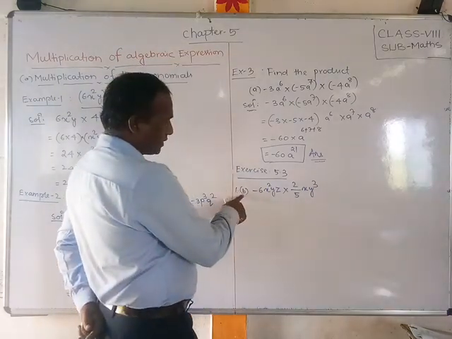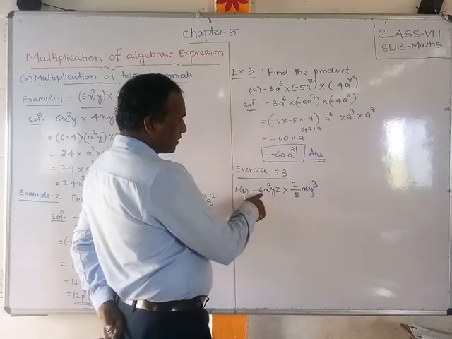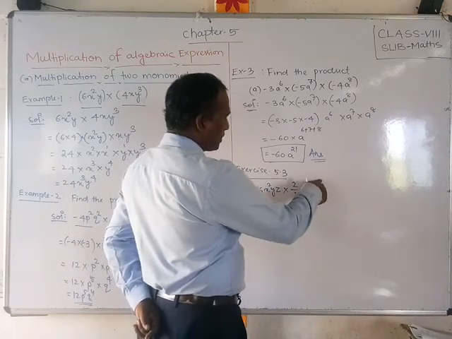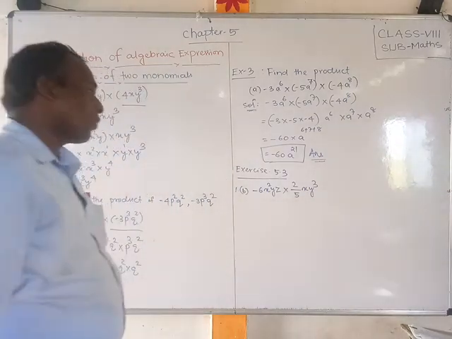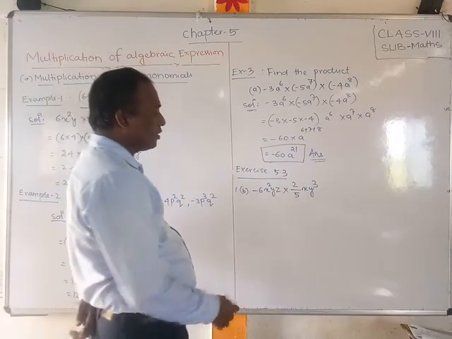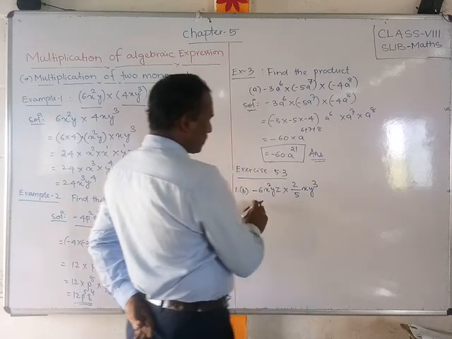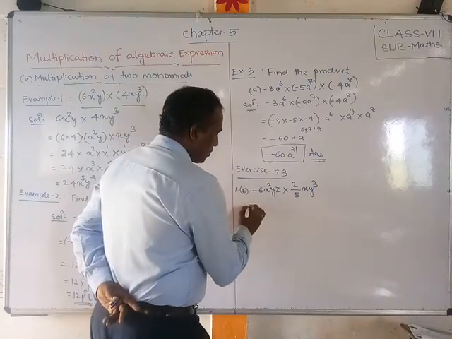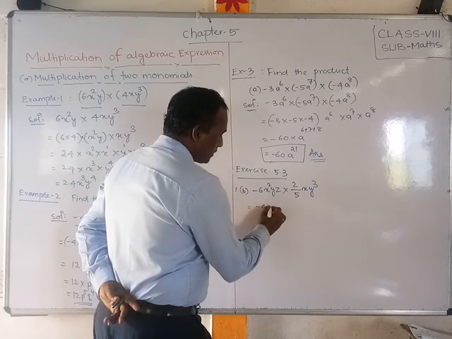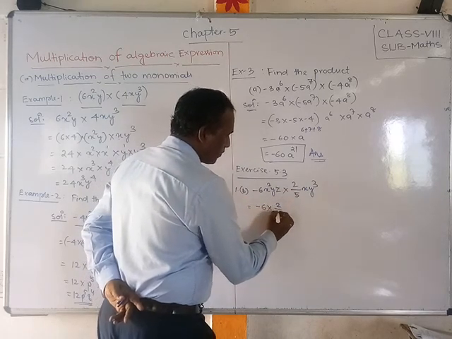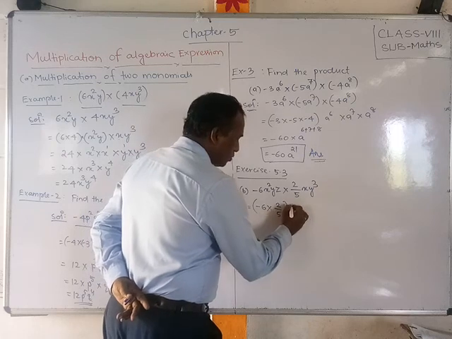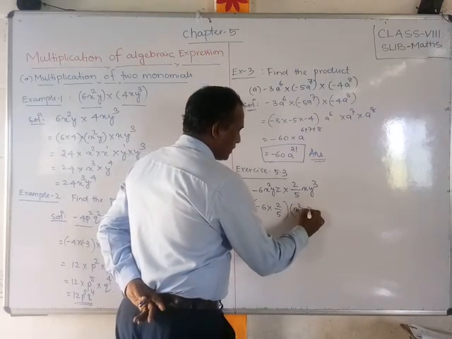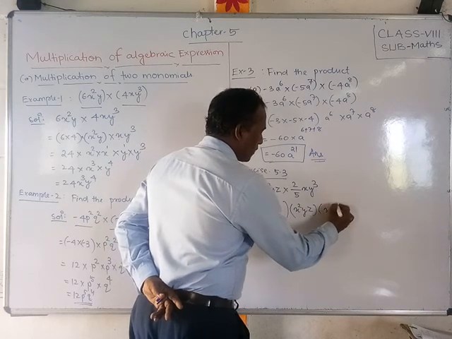Next students, in your exercise 5.3, observe what is given. Here given b, minus 6x square yz into 2 by 5x y cube. So what you will do? First of all students, whenever we are multiplying, you should multiply the constant factors first. So minus 6 into 2 by 5 I have written here, into x square yz into x y cube.